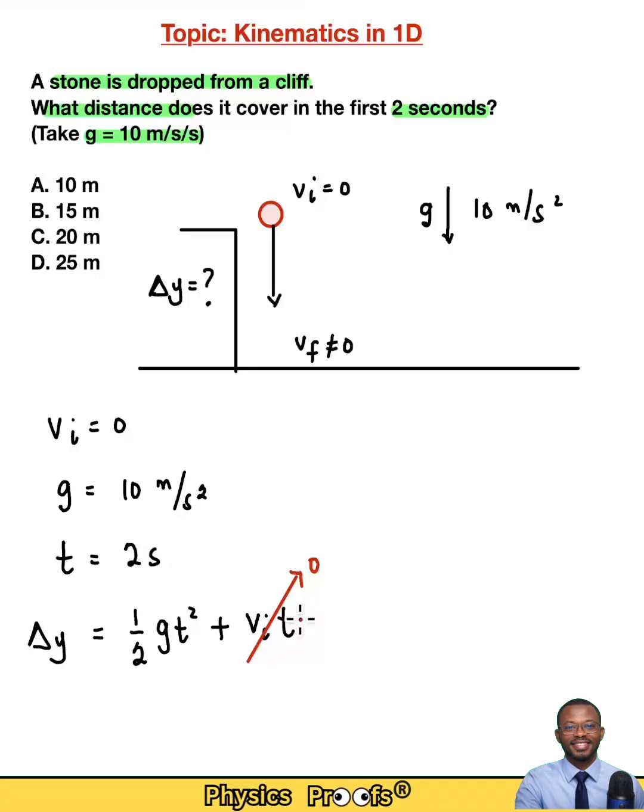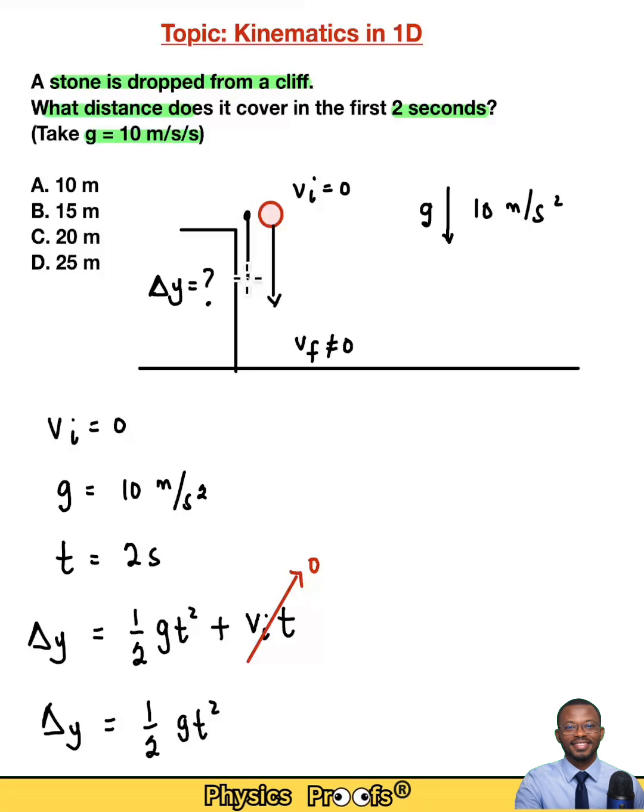Okay. So since we have that, our equation becomes delta y, which is the vertical displacement traveled, is going to be 1/2 g t squared. Now we need to specify our coordinate system. We are going to place the stone at the 0 point.